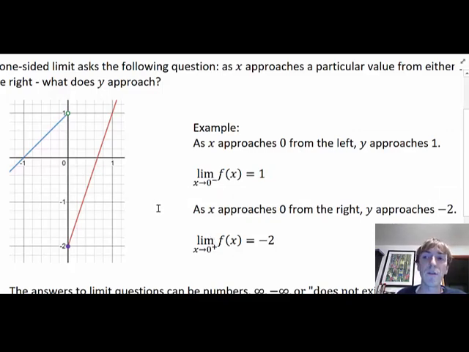If I approach 0 from the right, then I'm on this red line here, not the blue line. And what's this red line getting close to? As x gets close to 0, y is getting close to -2. So these are different. The left-hand limit, which is another word for this, is 1, and the right-hand limit is -2.